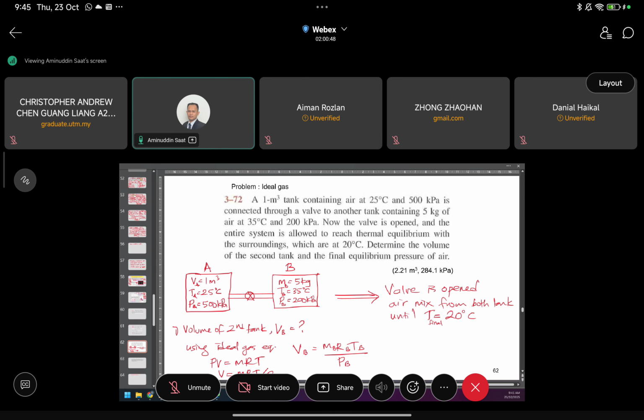What is the mB? mB is given, 5 kilogram. TB is given, 35. PB is 200 kilopascal. But what is the RB?